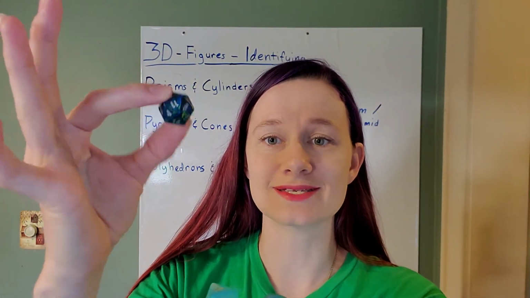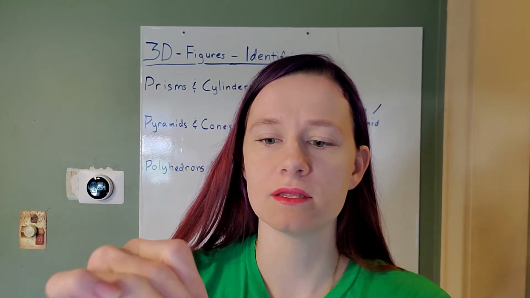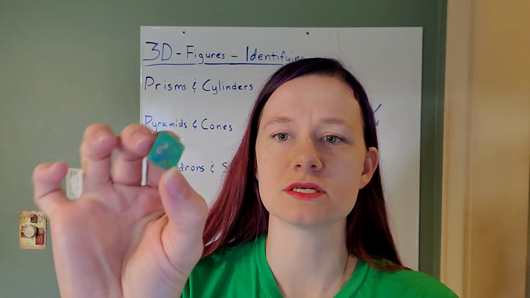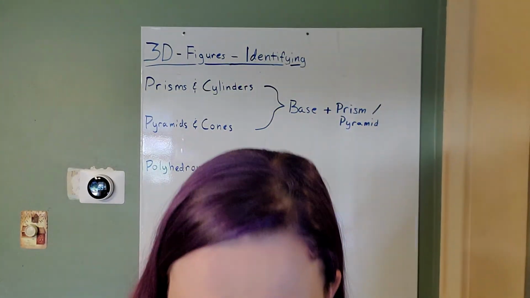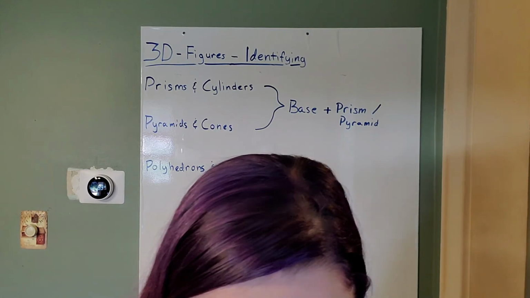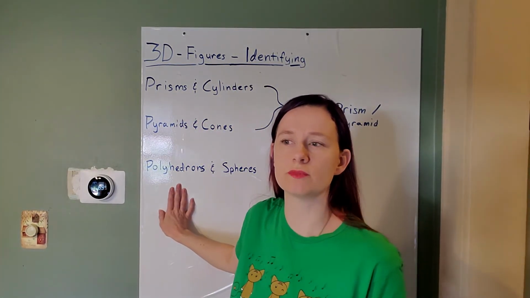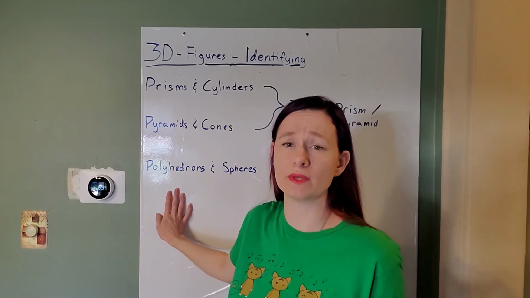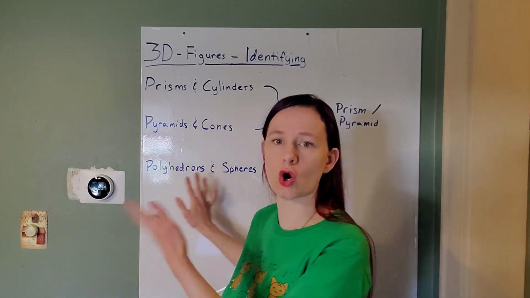That means it's 20-sided. And this is a D8, so it's 8-sided, so it's an octahedron. So we're not really going to deal too much with polyhedrons, but I wanted you to be familiar with the fact that they exist, and they're things that go with spheres.